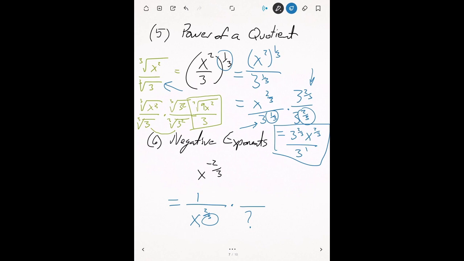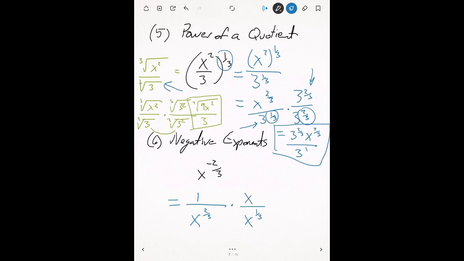So what should we multiply it by? Hopefully you're thinking, well, if I multiply it by x to some power, that means I'm going to be adding these exponents together. So what do I have to add to 2/3 to get it to be a whole number? Well, the easiest option is 1/3.